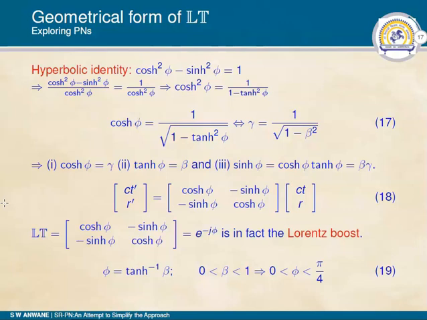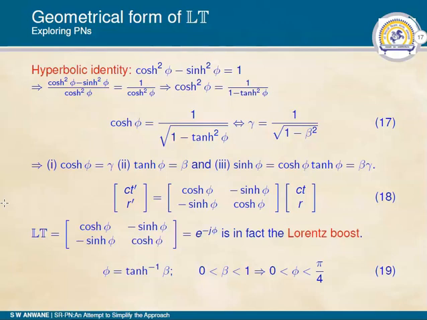We have the hyperbolic identity cosh square phi minus sinh square phi equal to 1. We shall divide the entire equation by cosh square phi so that on the left hand side we have cosh square phi minus sinh square phi upon cosh square phi equal to 1 upon cosh square phi. So on the left hand side we have 1 minus tanh square phi equal to 1 upon cosh square phi.